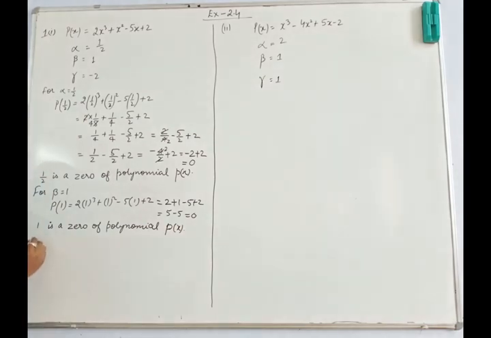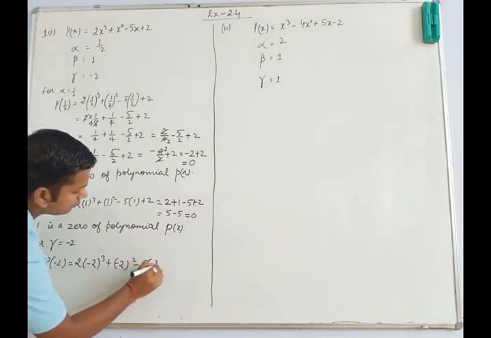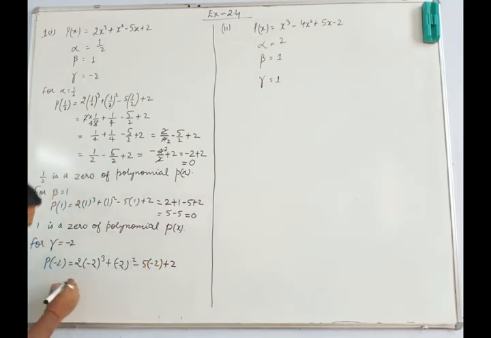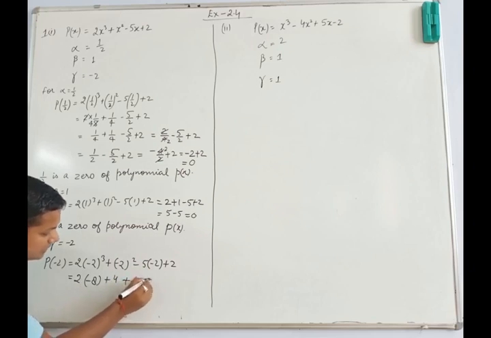Now for gamma equals minus 2. So p(-2) = 2(-2)^3 + (-2)^2 - 5(-2) + 2. So 2 into minus 8 gives minus 16, and (-2) square is positive 4, minus 5 into minus 2 is plus 10, plus 2.